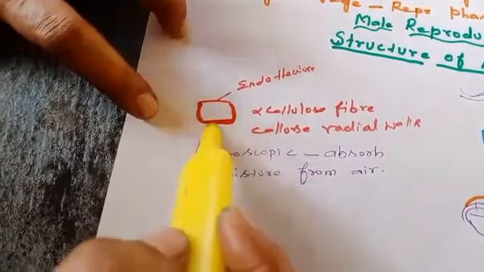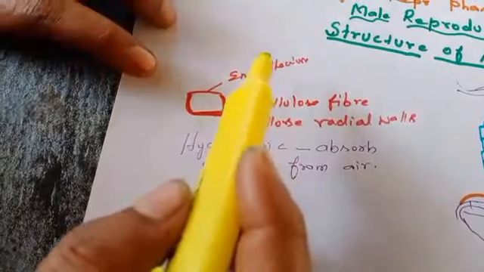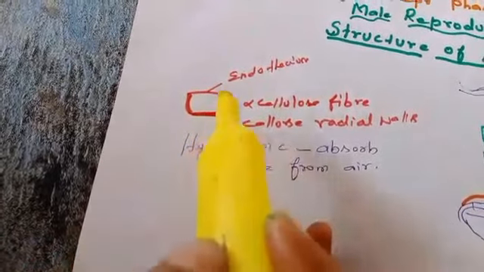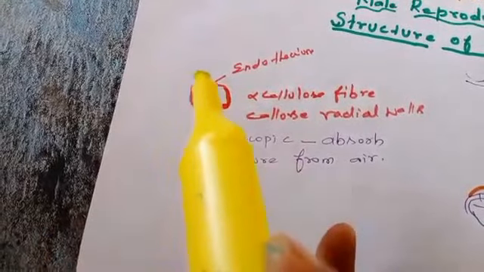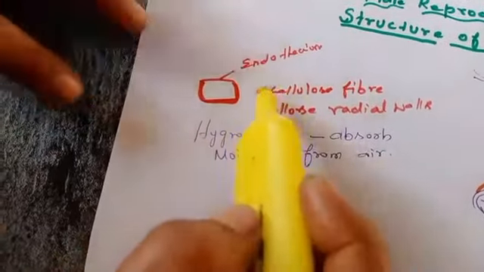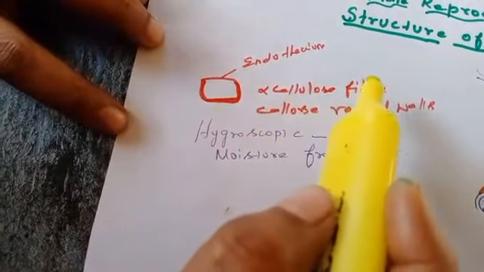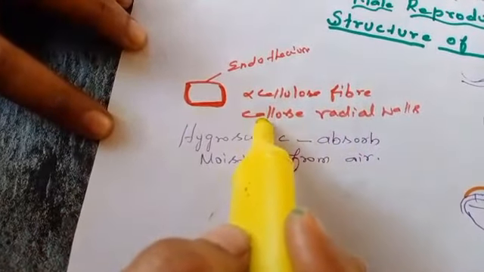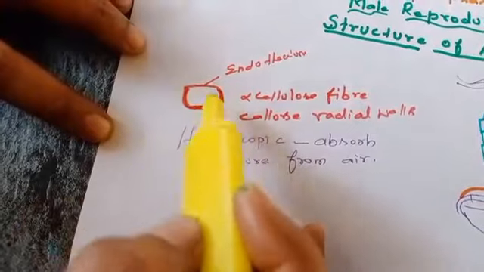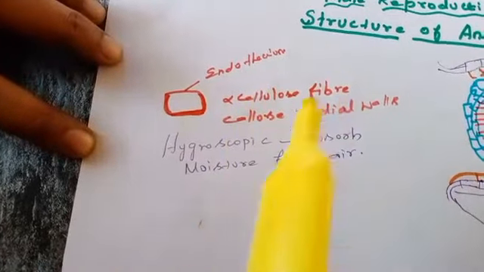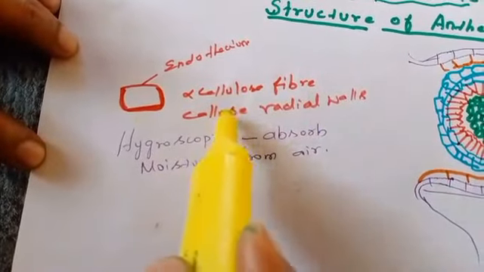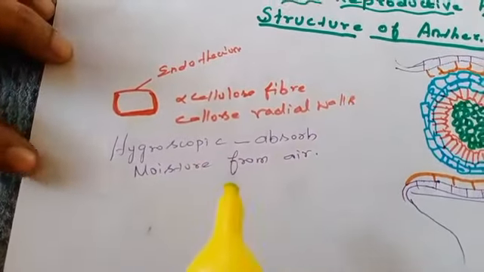These two are radial walls. The outer wall of the endothelium remains thin, but the inner walls and the radial walls become thicker due to alpha cellulose fiber, and the radial walls also due to callose.